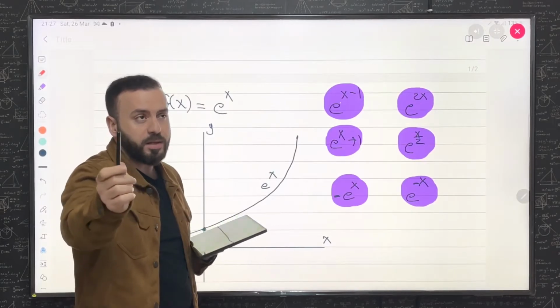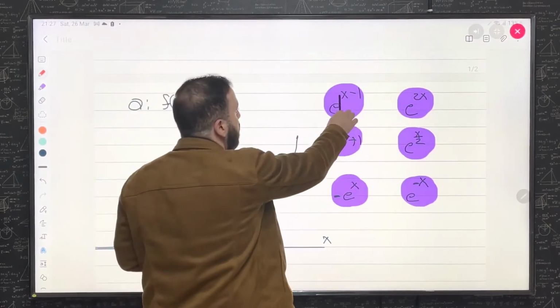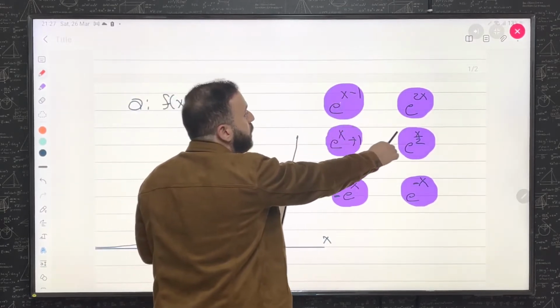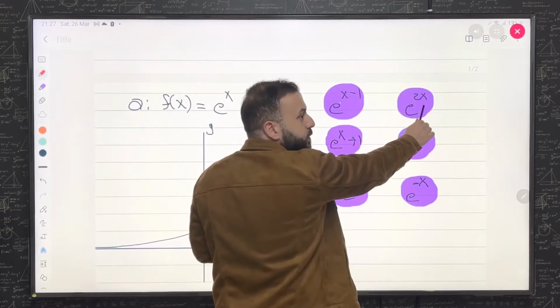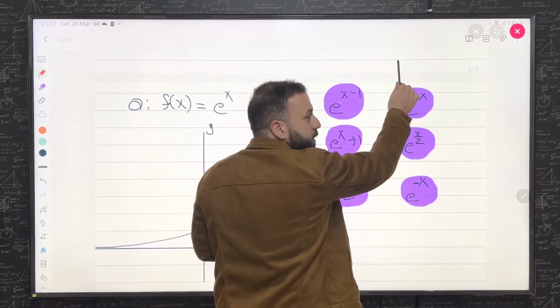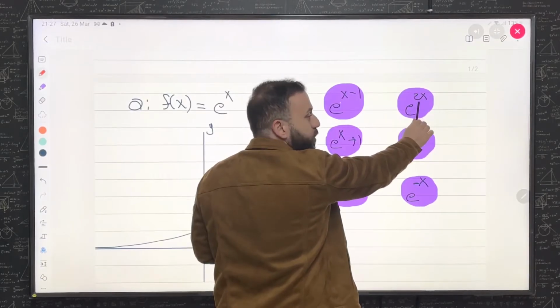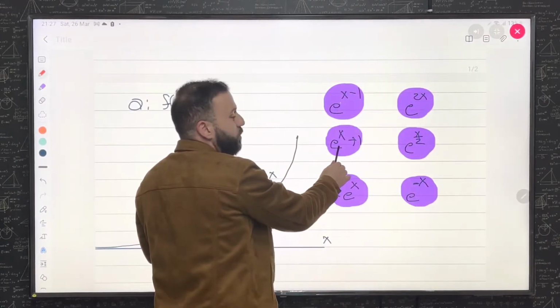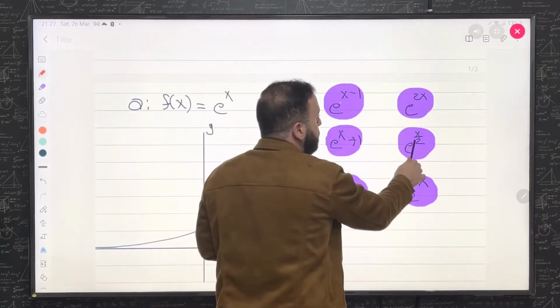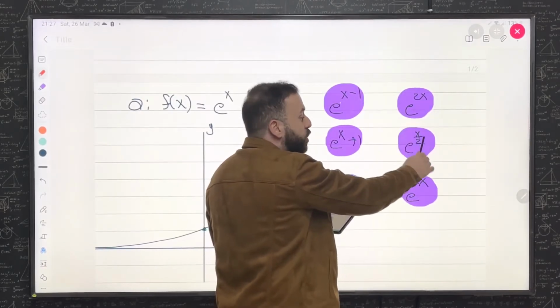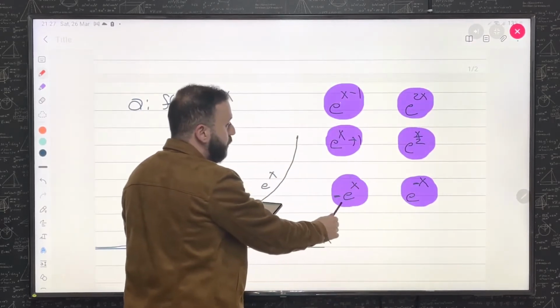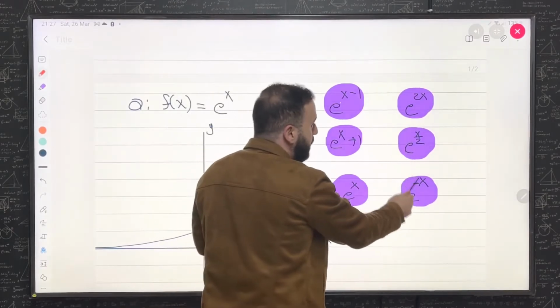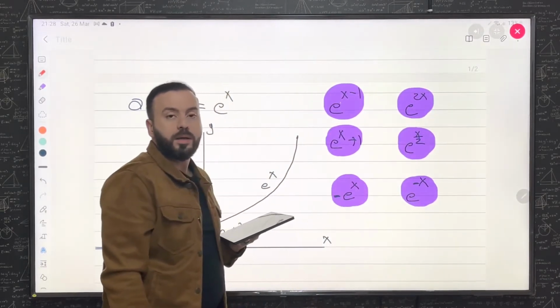Just a fast one, which is e power x minus 1. This is a shift right by 1 unit. This is what? A horizontal compression by a factor of half. This is a translation 1 unit up. This is a horizontal stretch by a factor of 2. This is a reflection across the x-axis, and this is a reflection across the y-axis.